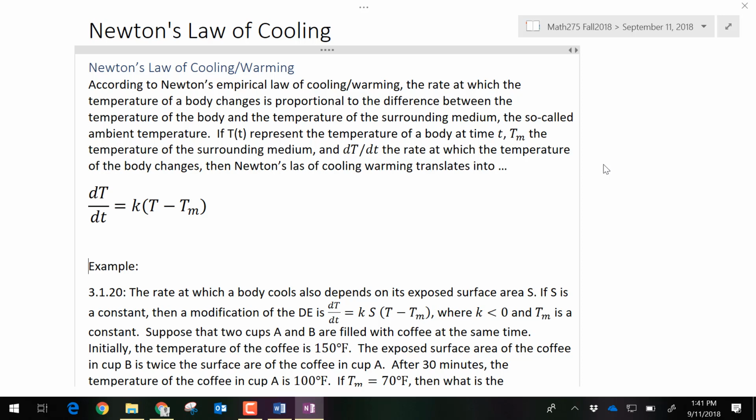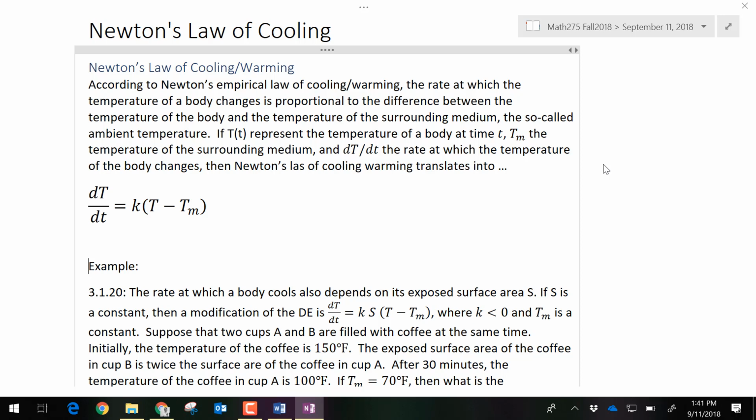And remember, back then all we did was set it up, but now we're actually going to try to solve for this. So Newton's law of cooling/warming says that the rate at which the temperature of a body changes is proportional to the difference between the actual body that you're measuring and the surroundings.